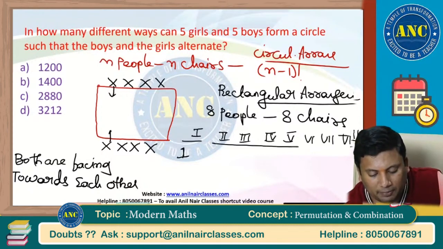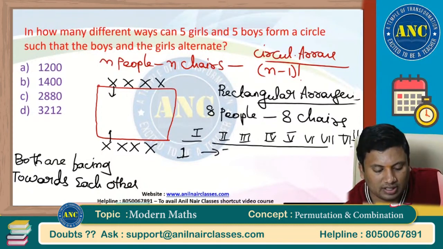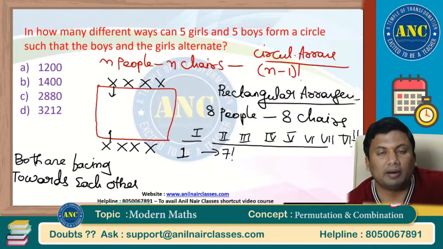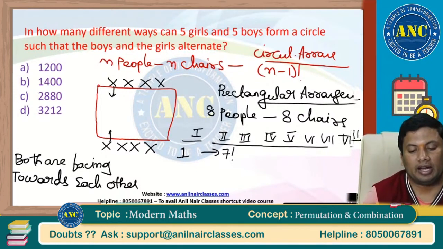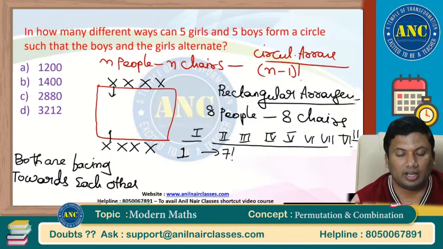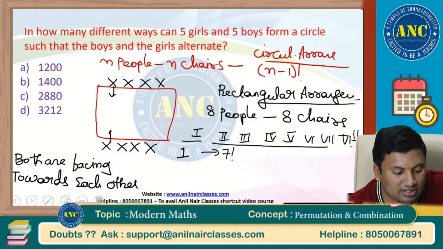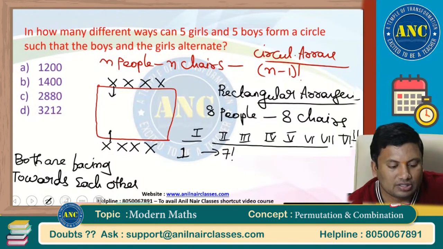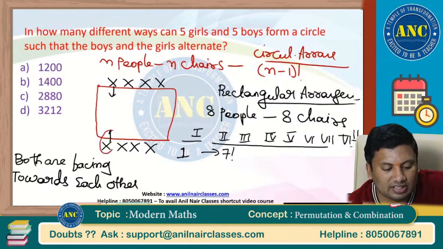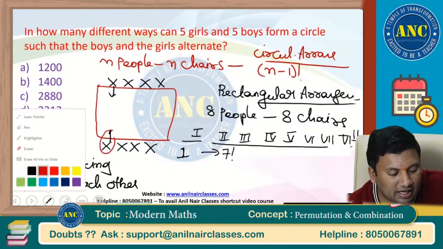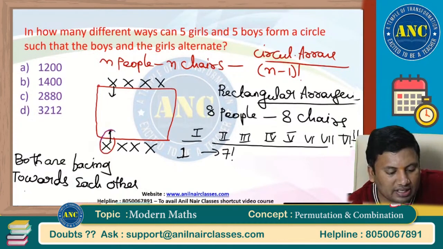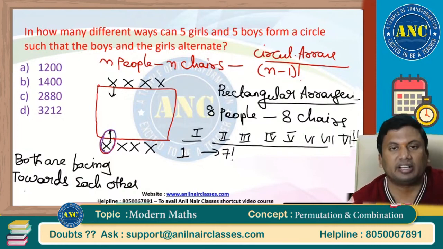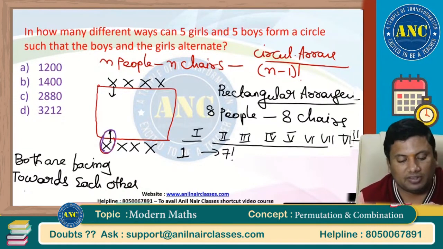The remaining 7 people can arrange among themselves in 7 factorial. Suppose, listen carefully, if Anil Nair sits here, I will use a different color. What is the definition of this position?